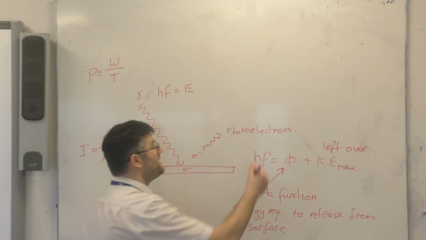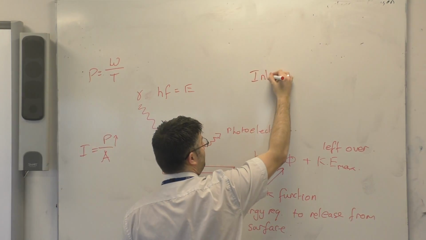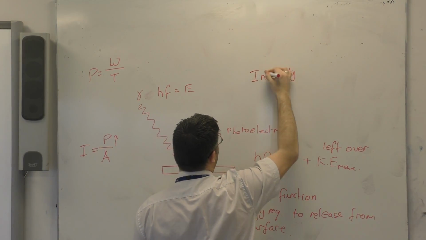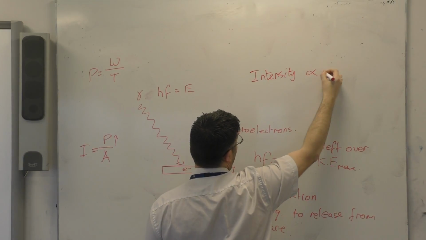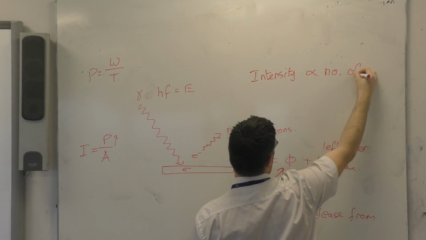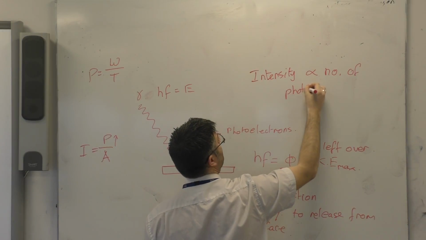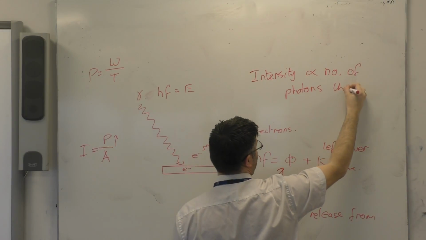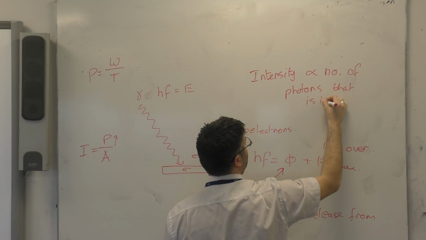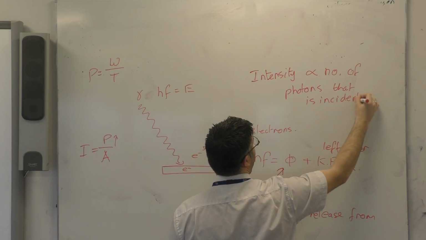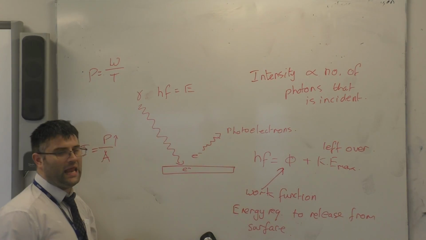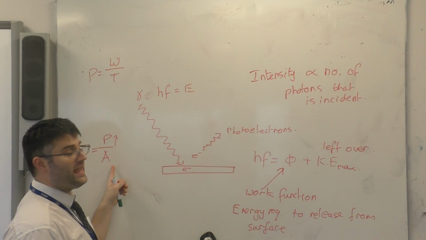Intensity is directly linked, in this case, to the number of photons that is incident. By incident, I mean allowed to hit that surface or that area.